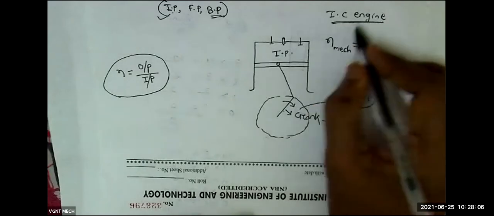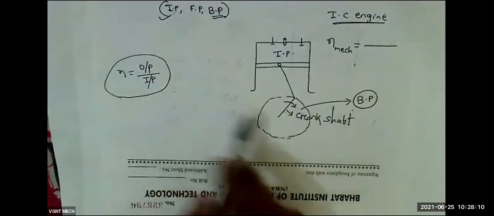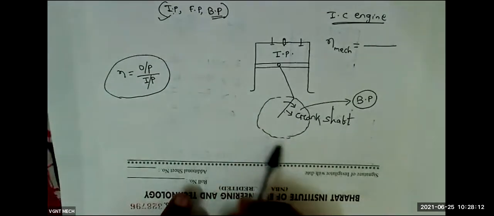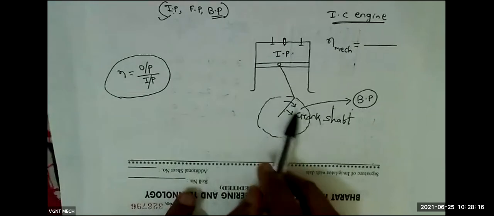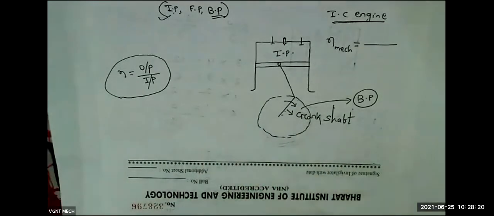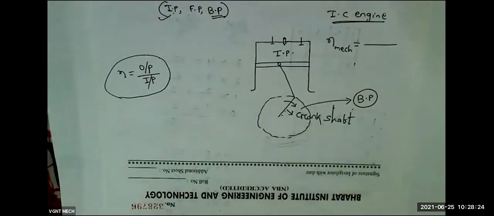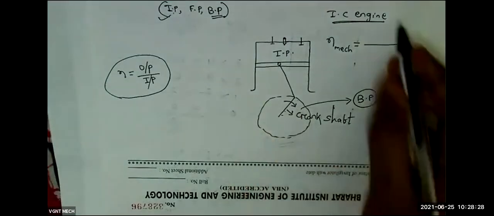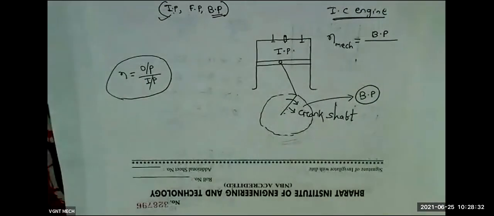So in this IC engine, which is the input and output power? This is the output power. Whatever power we are getting at the crankshaft is the output power, because this crankshaft is connected with the bike wheel, and when the crankshaft rotates, the wheel also rotates and the vehicle moves. So in output power we have written brake power.